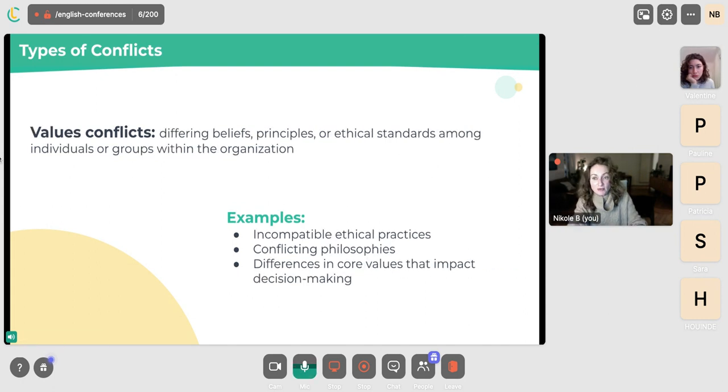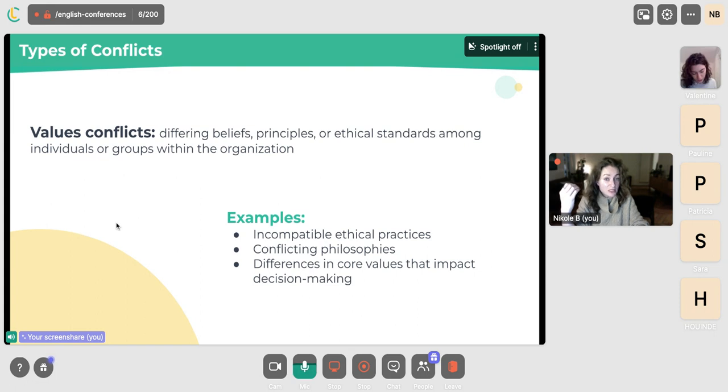The next type of conflict is a values conflict. This generally comes when people have different beliefs, different principles, or different ethical standards when it comes to individuals or groups within an organization.